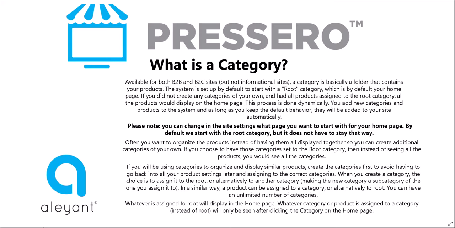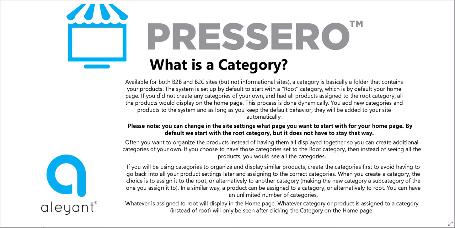You add new categories and products to the system, and as long as you keep the default behavior, they will be added to your site automatically. Please note that you can change in the site settings what page you want to start with for your home page. By default, we start with the root category, but it does not have to stay that way.